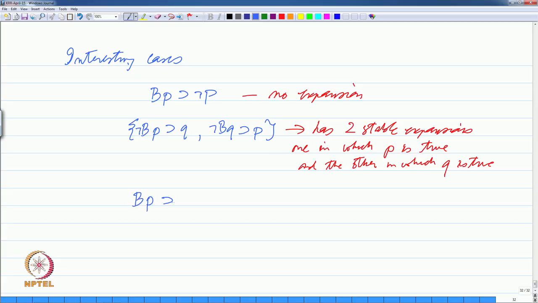And finally, if you look at a statement like this, which is similar to what we saw in default logic. Unfortunately, here also this has two stable expansions.